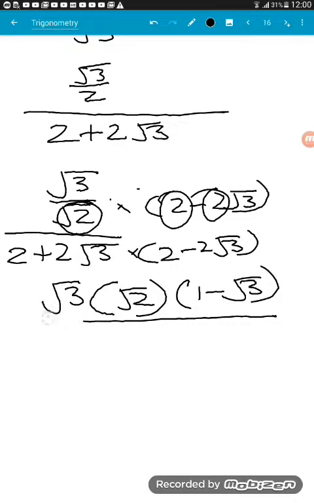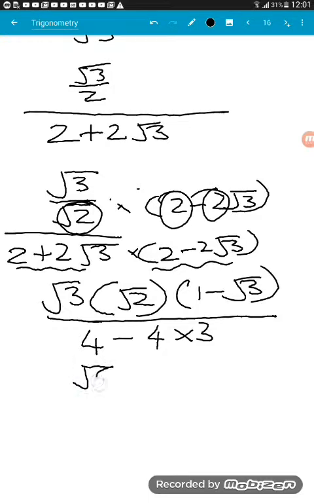By a plus b into a minus b, using that identity we can solve this. So it will be 4 minus 4 into 3, since root 3 into root 3 is 3. Root 3 into root 2 is root 6, and root 6 into 1 is root 6 minus root 6 into root 3, which is root 18, over 4 minus 12.